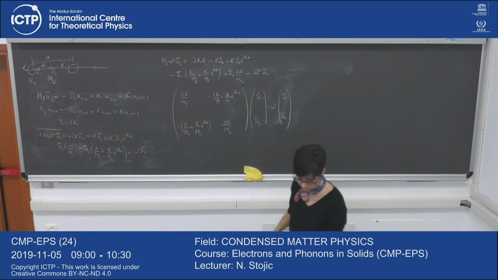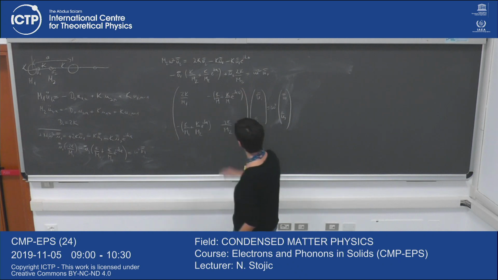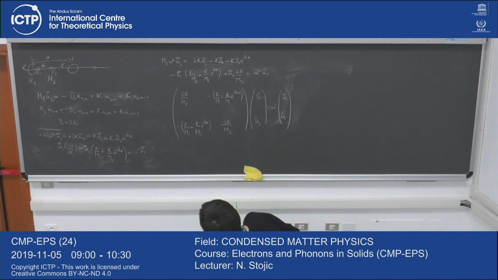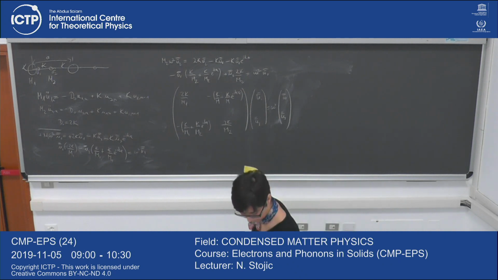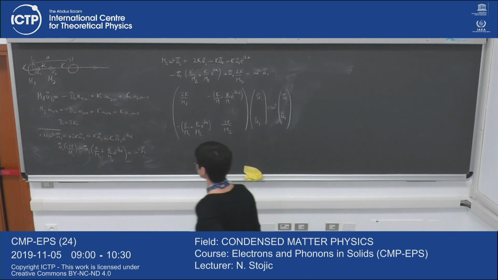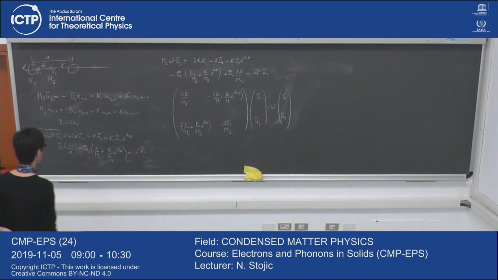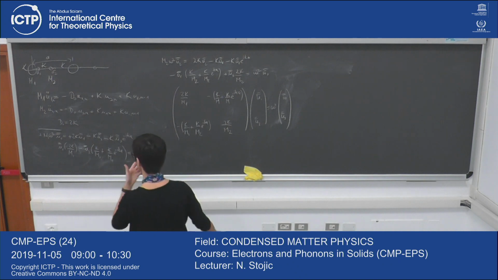Let me check if it's correct so far. Okay, I made a mistake with the indices. M1 is in the top right. For the eigenvalue, the indices in the matrix, I made a mistake, just let me catch it.